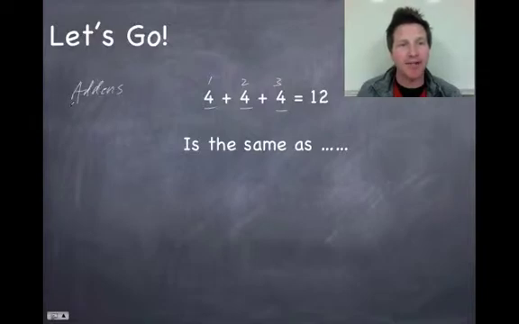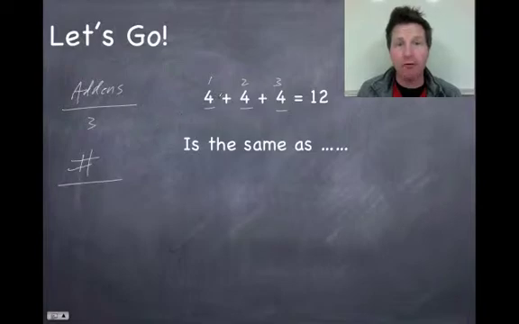I'm going to try to write as best as I can for you. There's 3 add-ins, and what number are the add-ins? Well, they're all 4s. So our two numbers are 3 and 4. And all we have to do to change that into a multiplication sentence is put a multiplication sign in. So 3 groups of 4.